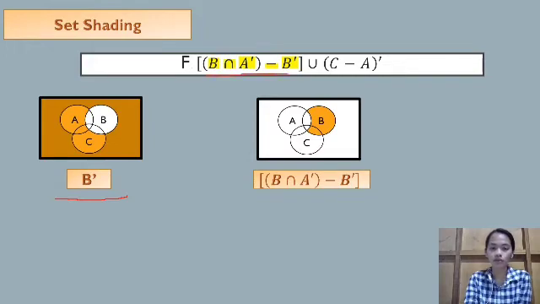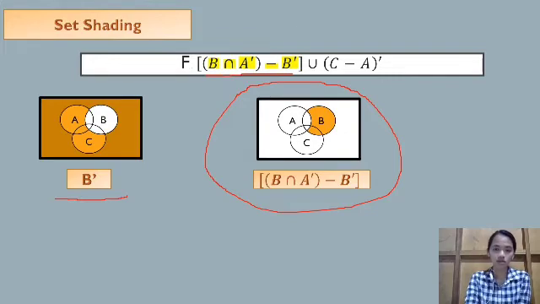B intersection of A prime minus B prime is this answer. We subtract B prime from B intersection of A prime. So this is it.